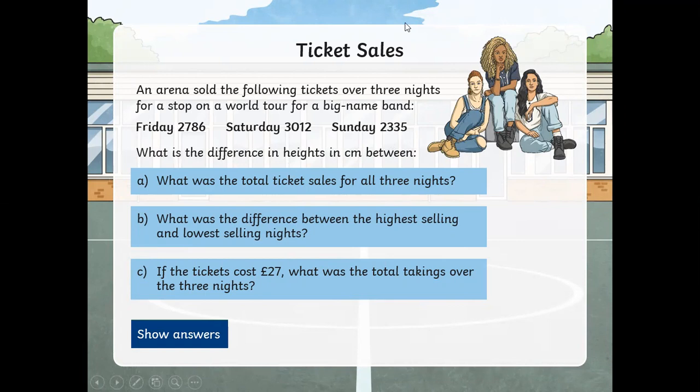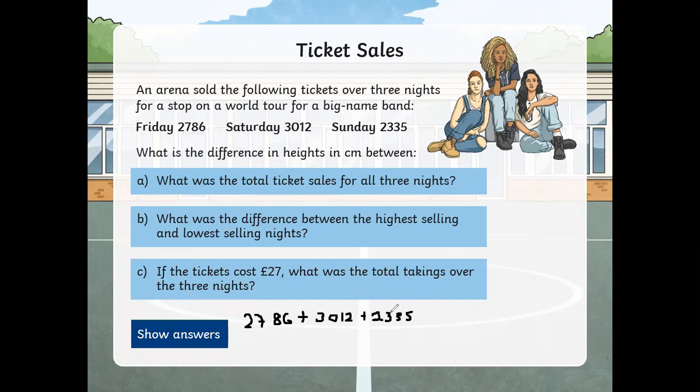So for question A, it says, what was the total ticket sales for all 3 nights? How we do that is we just add up all 3 nights. We add up the Friday one, 2,786, plus the Saturday tickets, 3,012, plus 2,335.